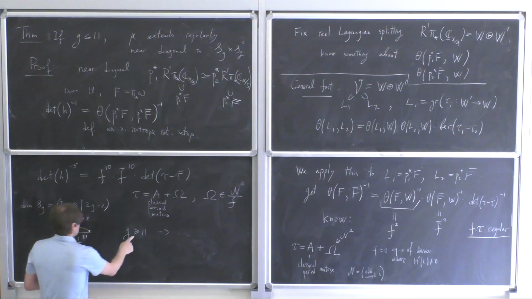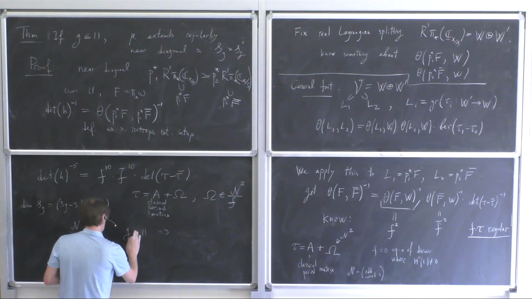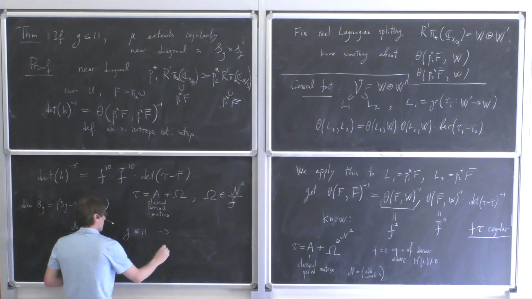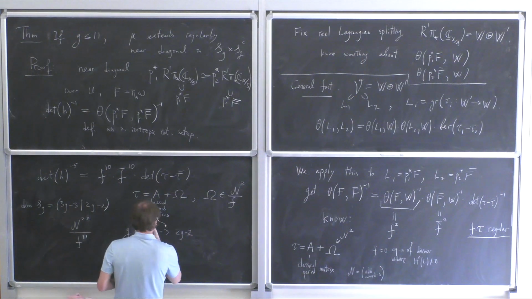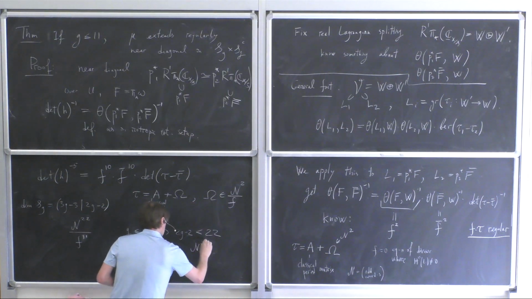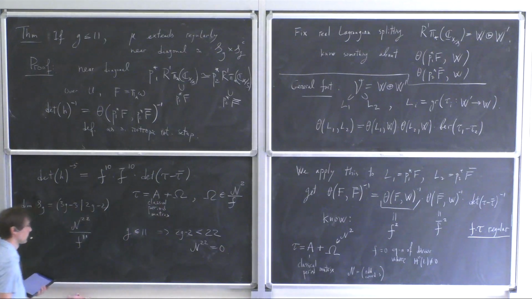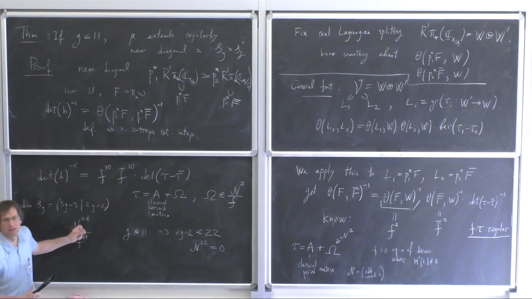So if g is less than or equal to 11, then 2g minus 2, the number of odd dimensions, is definitely smaller than 22. So therefore, n to the 22 is going to be 0. So the terms that possibly acquire a pole are just zeros, because there are too many odd coordinates in them.